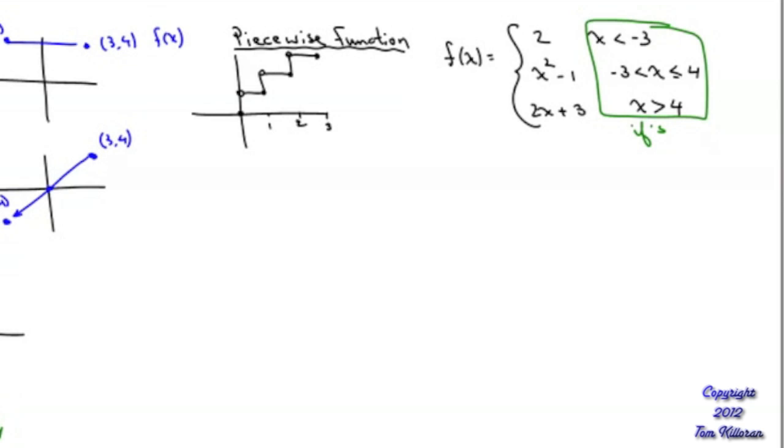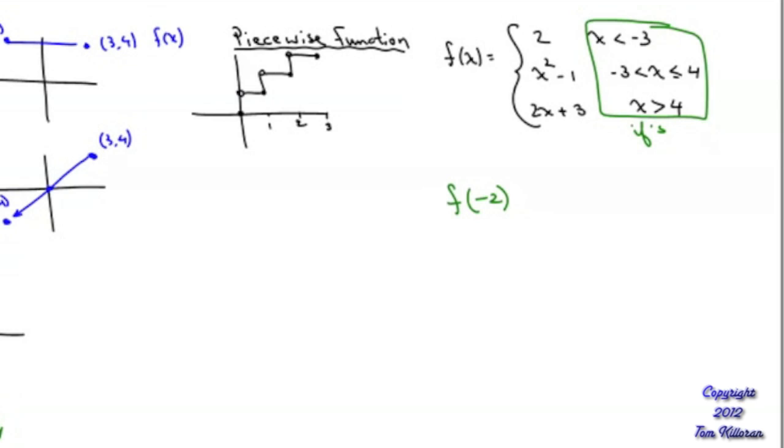Pretty much it says this. If I want to evaluate f of -2, if -2 is less than -3, I'd use the top one. Is -2 less than -3? No, so I'm not going to use this.